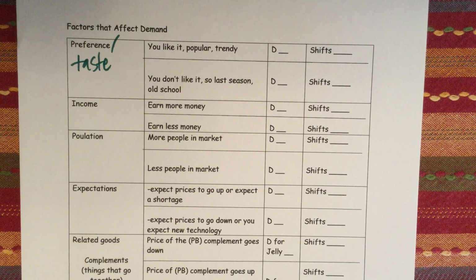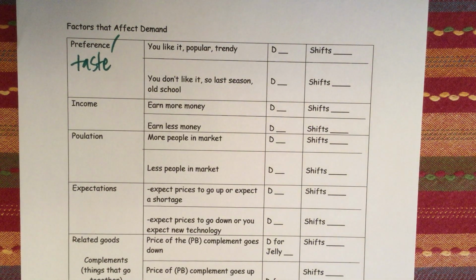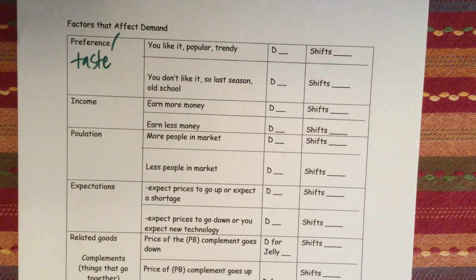Because she is so popular, their preference has changed to increase their demand of that dress. So things like news reports and celebrity influence can cause your preference or your taste to change.